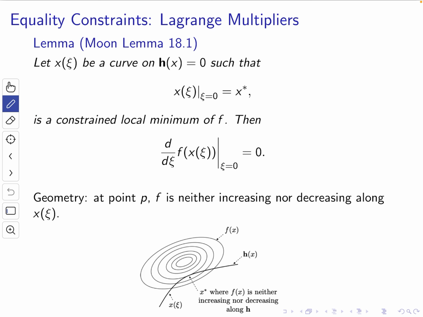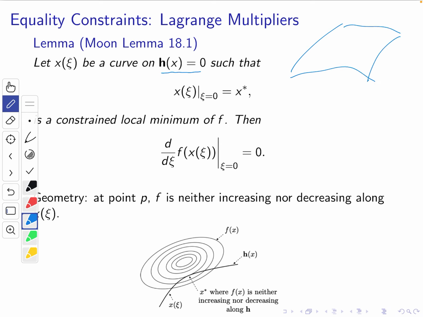If x of c is a curve on this n minus m dimensional hyperplane, so that x of 0 is x star. So in other words, we've got our surface, and we now have a curve, and we parameterize it so that x star is equal to x of 0.